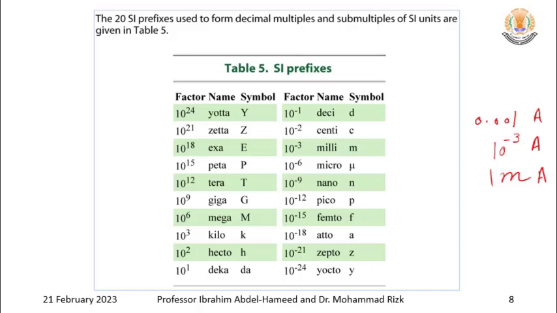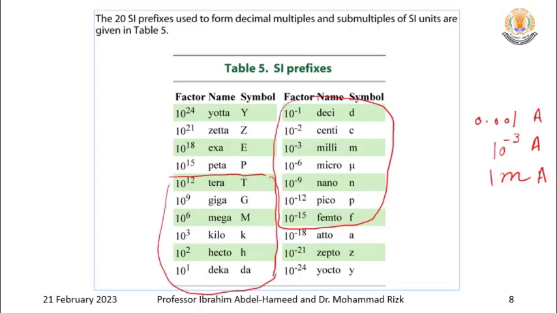In electrical engineering, all of these will be used. So starting from tera, 10 to the power of 12. Giga. Mega, capital M. So now we have small m and the capital M. Kilo, small k, we have capital K, Kelvin, and so on.